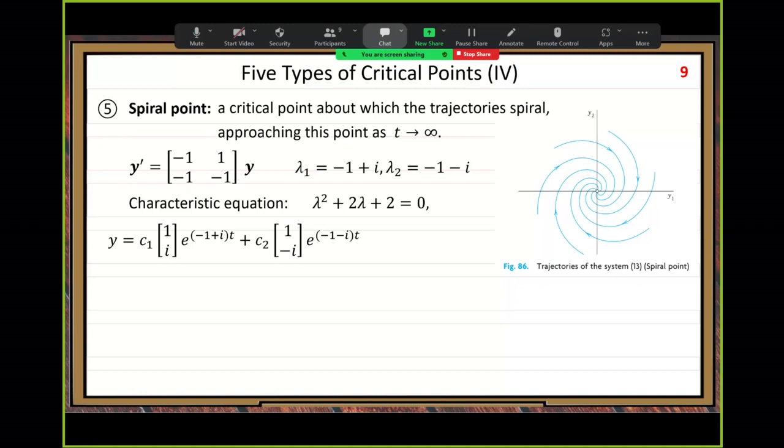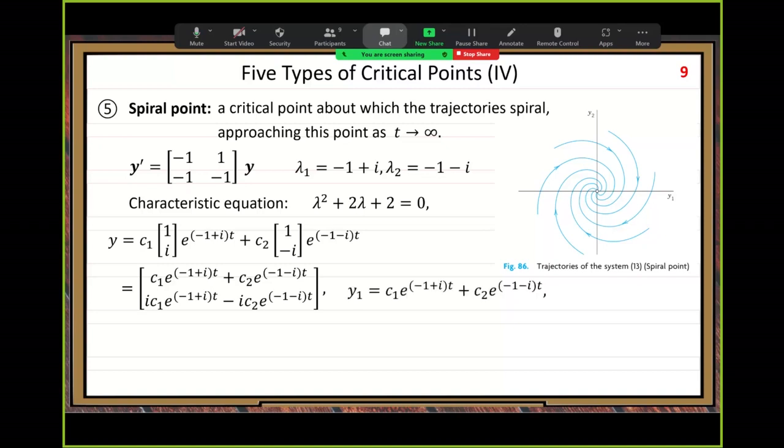Eigenvectors, here we have complex values. Then y1, y2, pretty complicated. E function, see, real part, imaginary part.